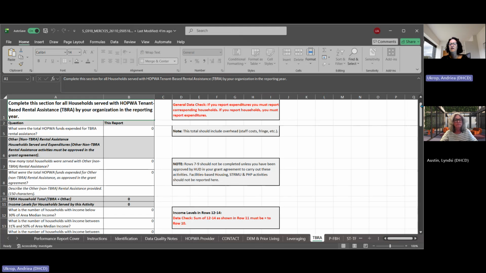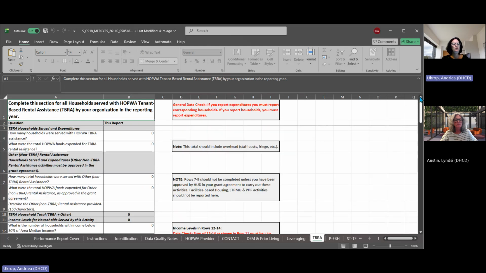All right. On to TBRA. So rows 41 and 47 are pre-populated, and they must equal the number of people served here in row 4. Also note that sources of income must be equal to or greater than the number of individuals served by this assistance, and sources of medical insurance can be equal to, less than, or the same as the number of individuals served by assistance.